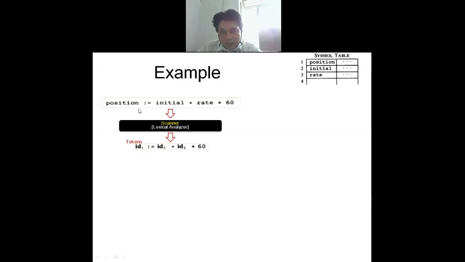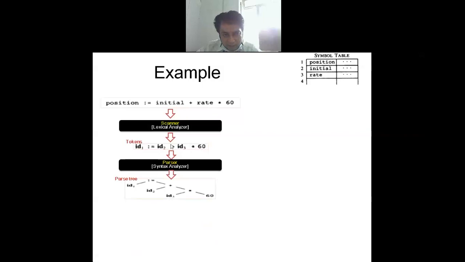The lexical analyzer converts the string based on the tokens, and in the tokens there are identifier, keyword, punctuation marks, etc. So position has been converted to id1, initial has been converted to id2, rate is converted to id3, and there is a number 60. Then the output of the lexical analyzer will be the input to the syntax analyzer, the second phase of the compiler.